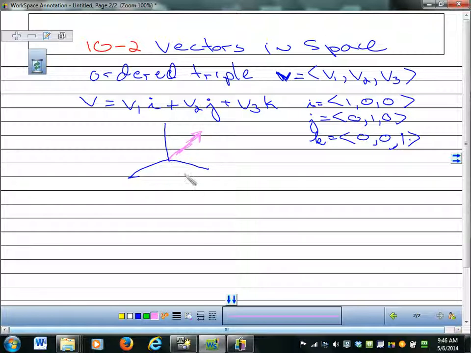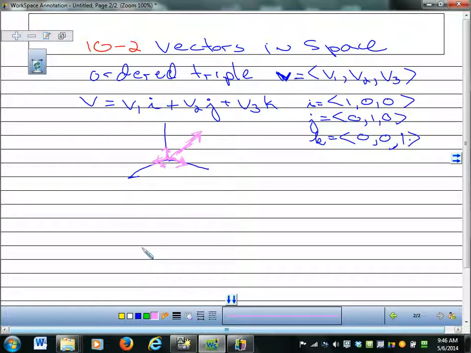I could break that into one vector going either positive or negative this way, one vector going either negative or positive this way, and another vector going negative or positive this way, and multiplying each one of those components of this vector by some magnitude, and I would get this vector right here. That's kind of what this is saying. So i, j, and k are unit vectors, meaning they're 1 unit long in the i direction, 1 unit long in the j direction, and 1 unit long in the k direction.